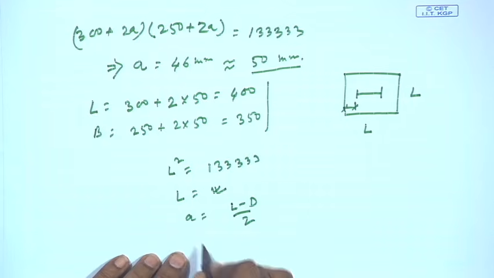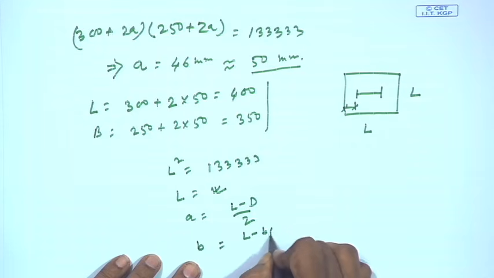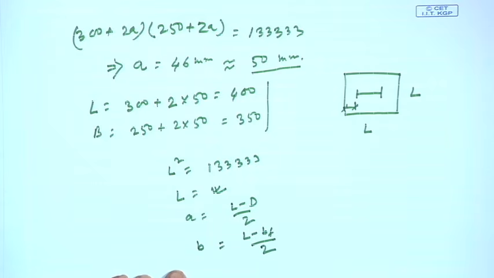Similarly, the projection along B we can find out as (L minus BF) by 2, okay, right.